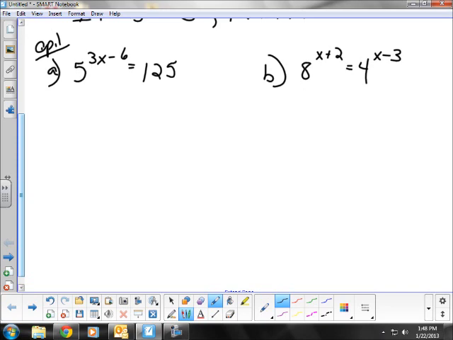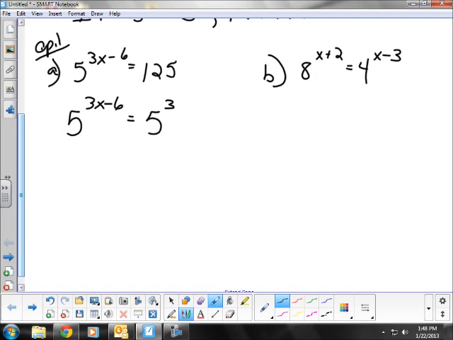125 is a power of 5, right? So I can rewrite this, and that's 5 to the 3x minus 6 is equal to 5 to the third, because 5 times 5 times 5 is 125. Since I can write it like this, this becomes a very simple problem, because we're going to use this theorem that says if I have like bases raised to two different exponents, the only way that can be true is if what?